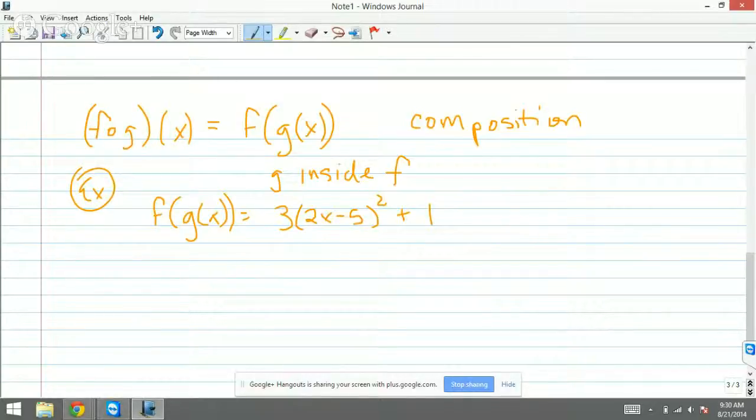It should be 12x squared minus 60x minus 30x plus 76. Wait, am I just doing the? You just have to tell me the answer. The whole answer.